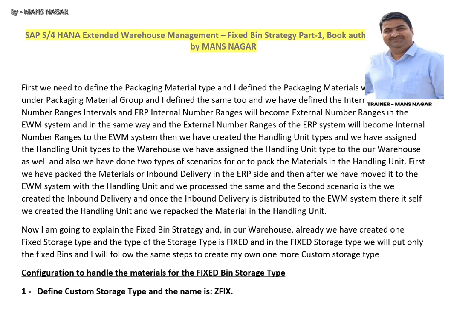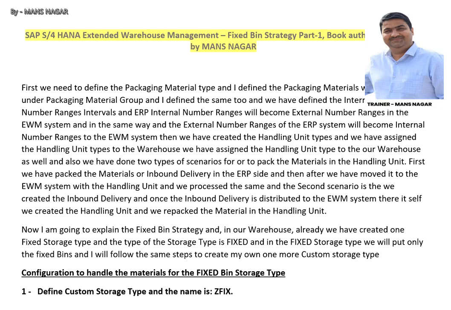And in my system, I define the external number ranges and internal number ranges in the ERP. So here you can see I mention it. We need to define the internal and external number range intervals. The system picks the number at runtime, and ERP internal number ranges will become external number ranges, because we have two layers.